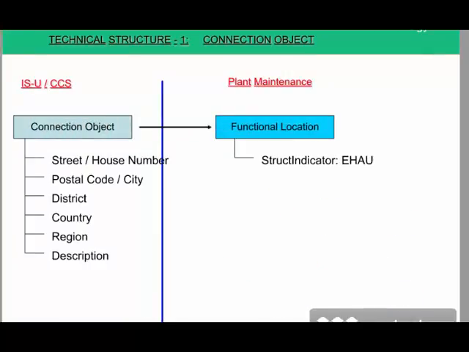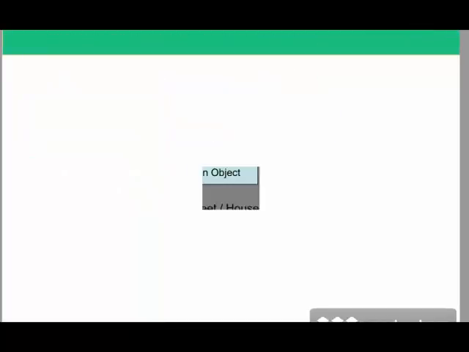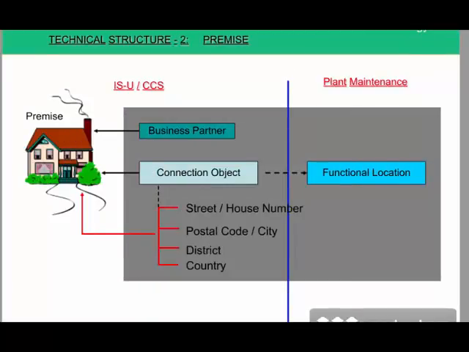This shows the connection between SAP ISU and plant maintenance. Connection object in SAP ISU is a functional location in plant maintenance. The connection object is the ISU house, which has attributes like street, house number, postal code, city, district, and county, and it is the functional location in plant maintenance.